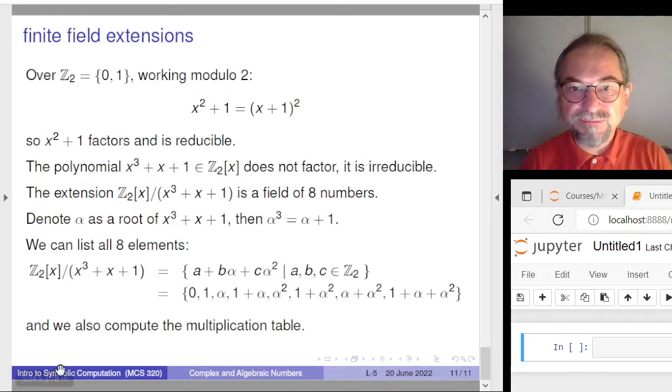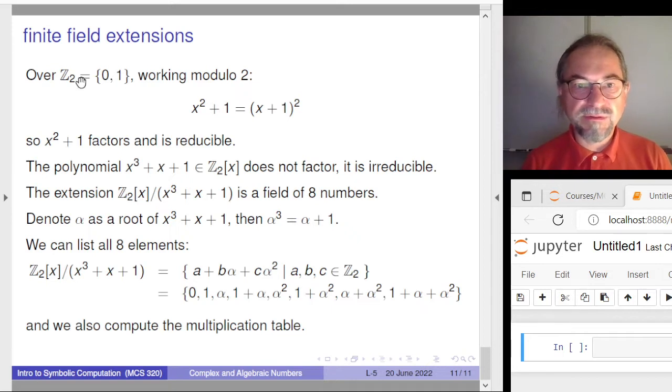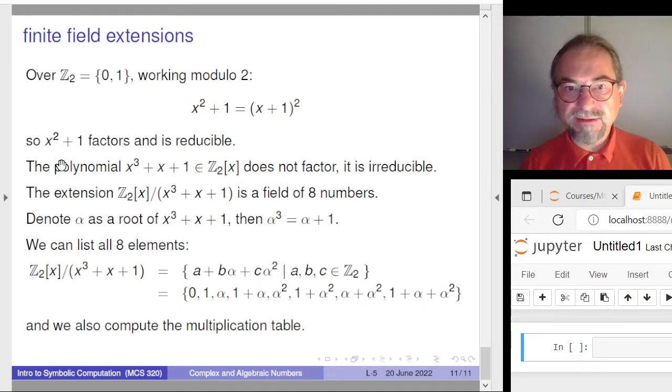If you read from right to left, then you expand: 2 times x becomes 0, because 2, when we work modulo 2, becomes 0. So you cannot use x squared plus 1 to extend the binary number field Z_2, because the polynomial factors.